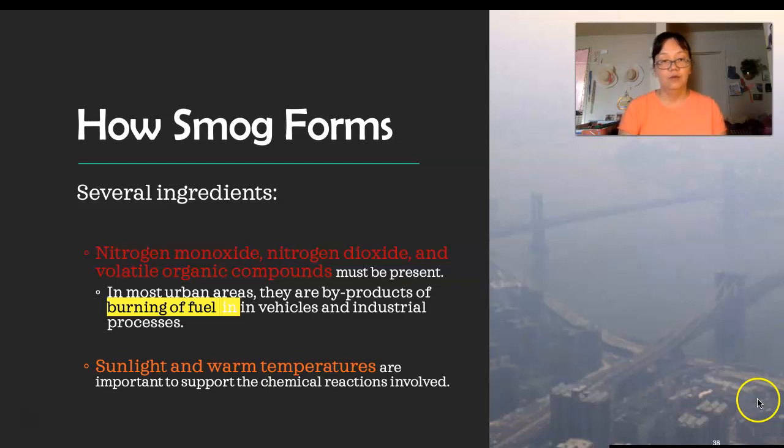But to cook a smog, you need to have nitrates and volatile organic compounds present. Those come into the air from the burning of fuel and other industrial processes, so they are released by human activities. And definitely sunlight and warm temperature are needed for this process.